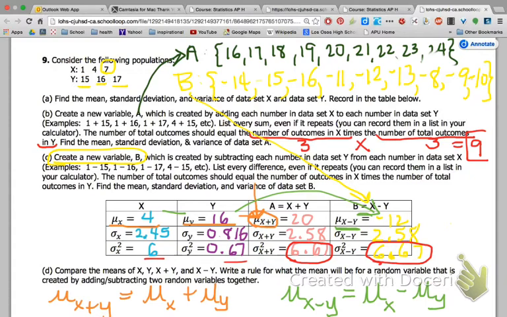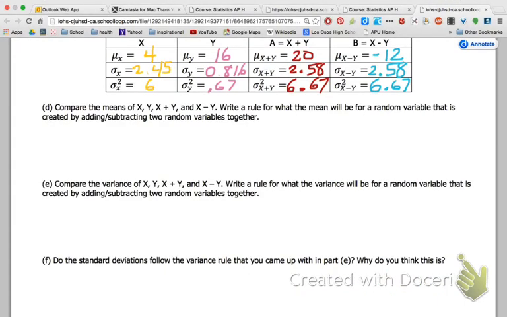So that leads me to a new rule for the variances, which it appears that if I look at the variance of the sum, it's equal to the sum of the two separate variances.